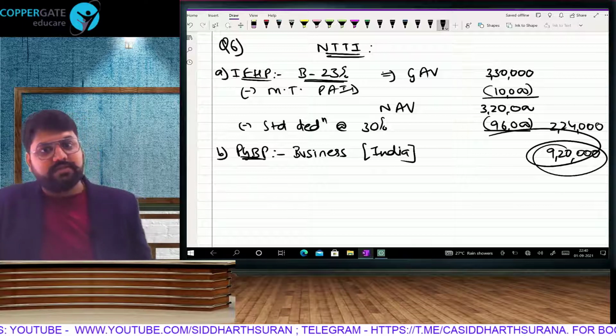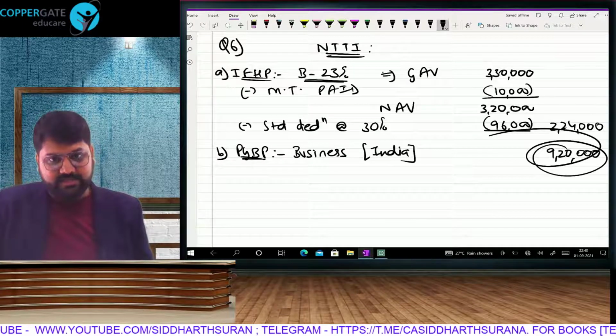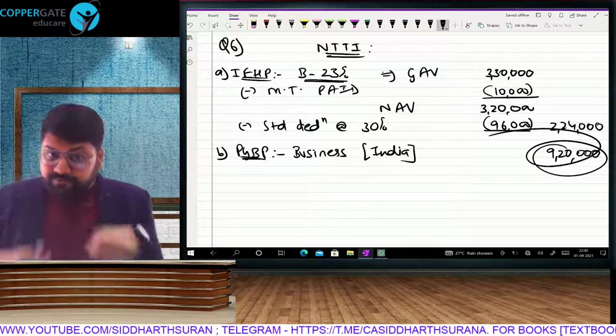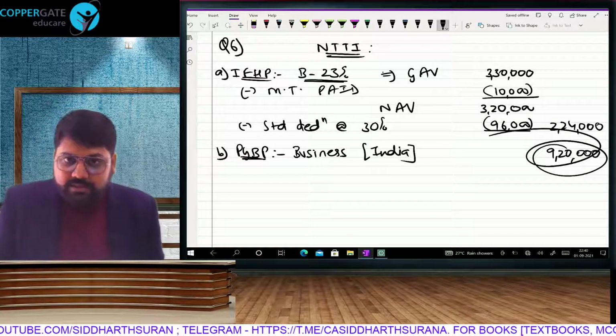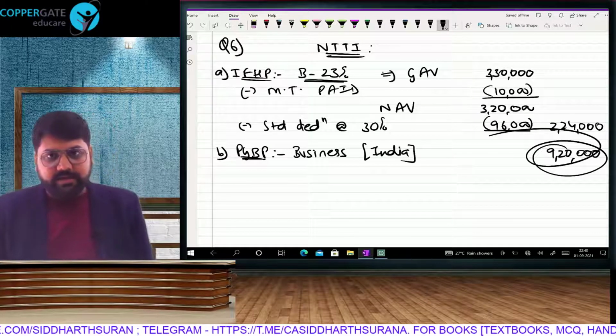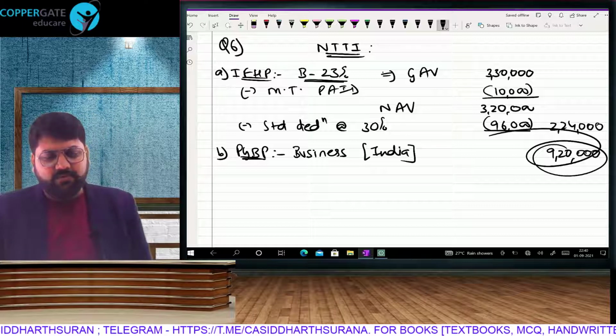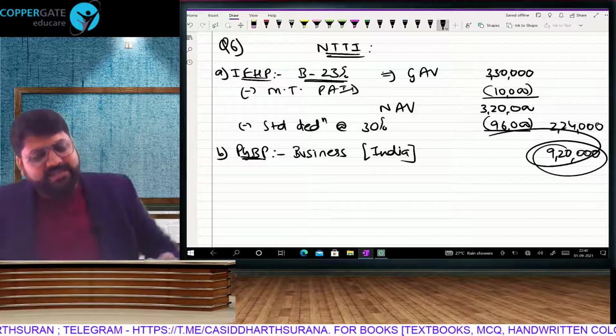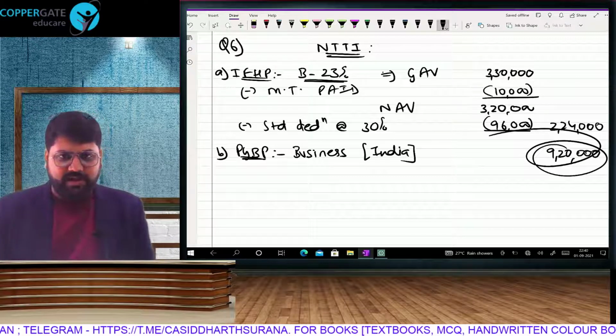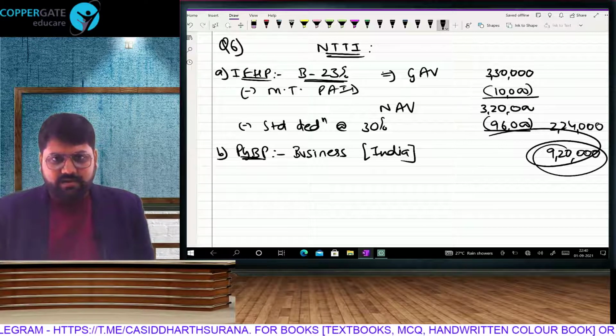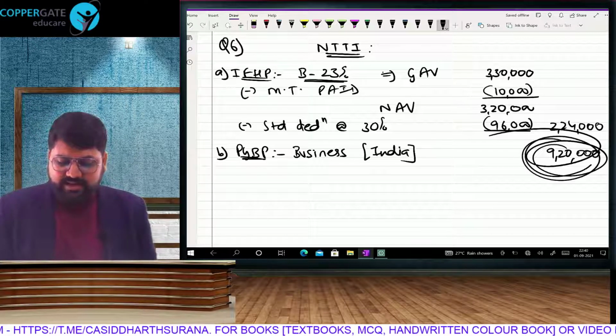Even before I reply to that student, some other intelligent guy interrupts, says, sir, this guy is foolish. Agriculture income is exempt, is what we have all studied all our life. And this person is saying, write agriculture income over here.